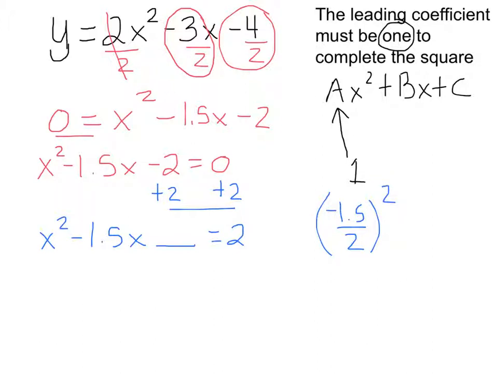Now pause the video and calculate what that is. And so what I got was positive 0.5625. And so I'm going to add positive 0.5625 on both sides.